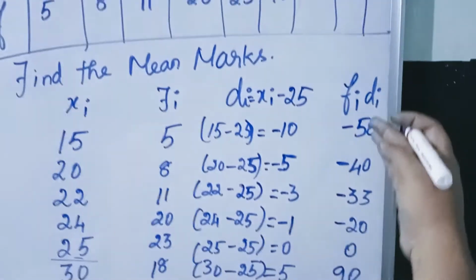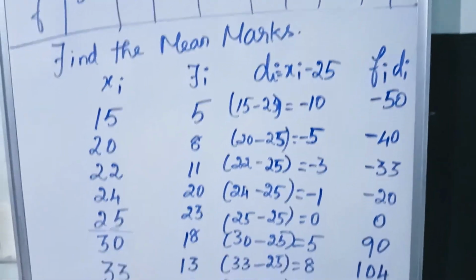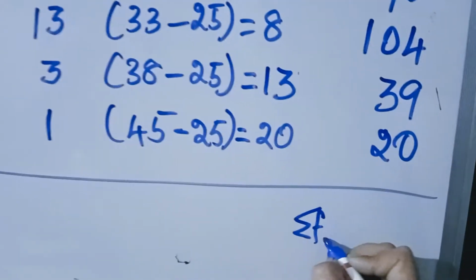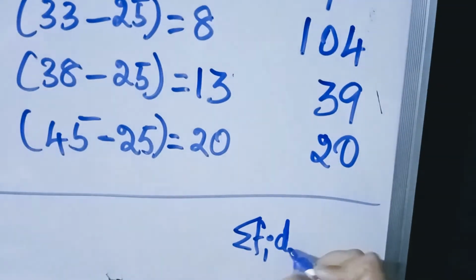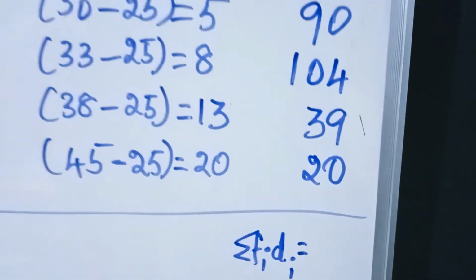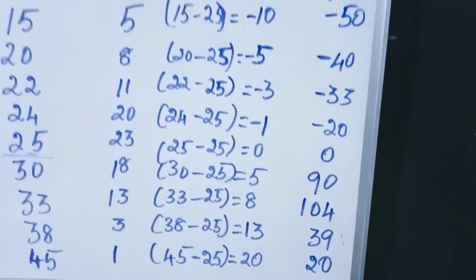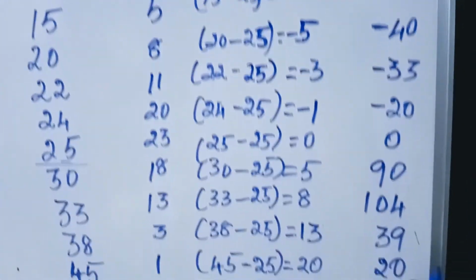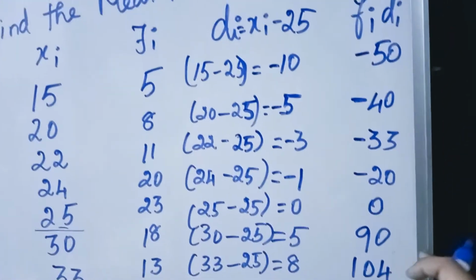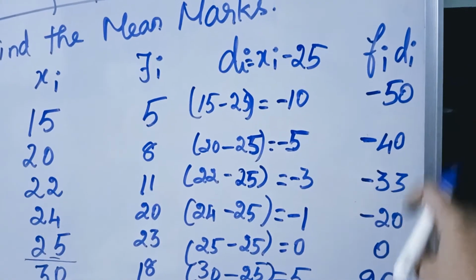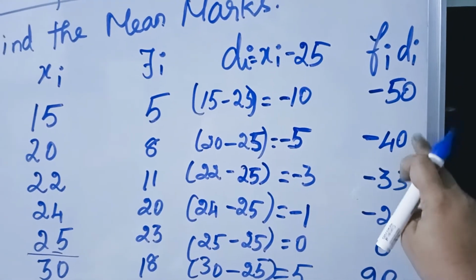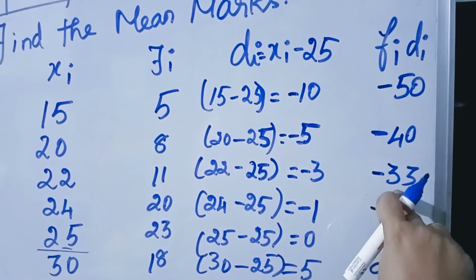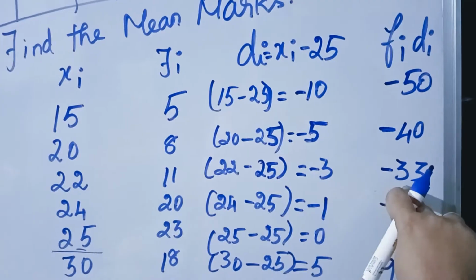Now you have to add all these fi di values, then only we can get sigma fi di. For that, what do you have to do? First add the minus values, then add the plus values. After that you subtract. First we add the minus values: 50, 40 makes 90, 110, 110 plus 33 is 143.